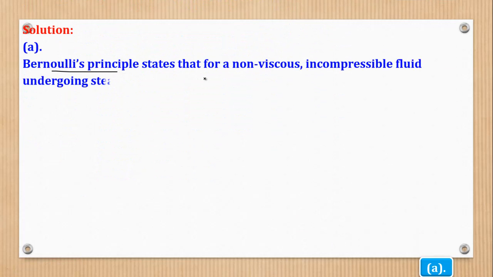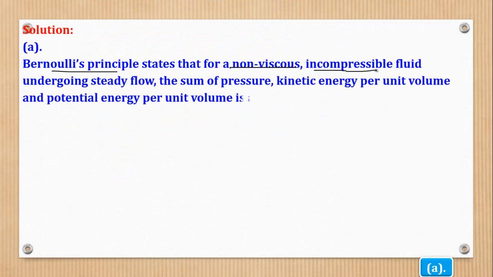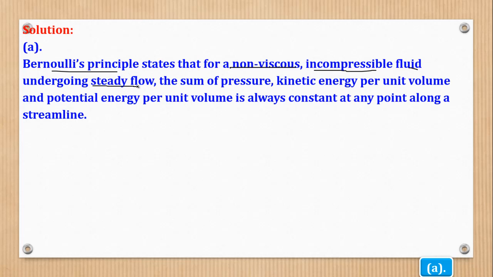So Bernoulli's principle states that for a non-viscous, incompressible fluid undergoing steady flow, okay, these initial conditions are needed: non-viscous, incompressible, steady flow. The sum of pressure, kinetic energy per unit volume, and potential energy per unit volume is always constant at any point along the streamline.